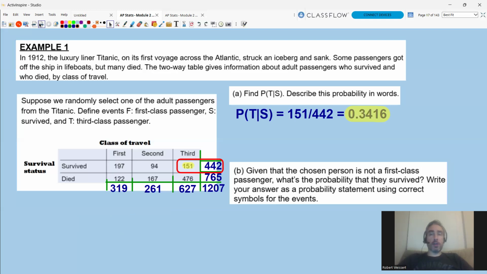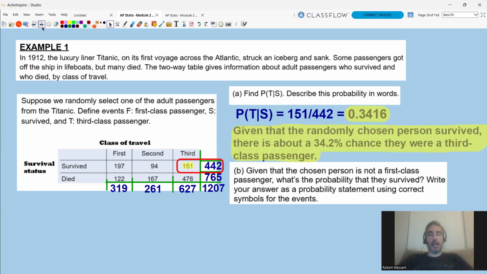So essentially 34.16% of the survivors were third class passengers. Part B: given that a chosen person is not a first class passenger, what's the probability that they survived? Write your answer as a probability statement using correct symbols for the events.